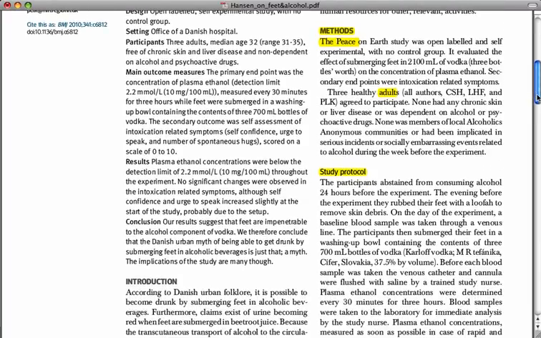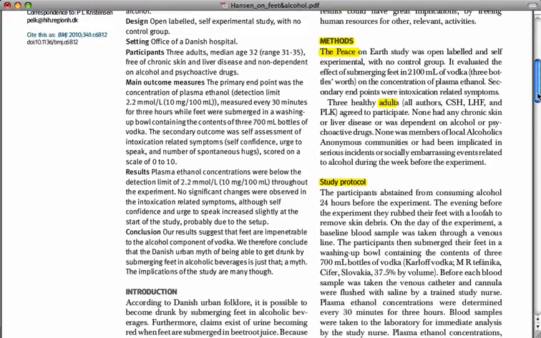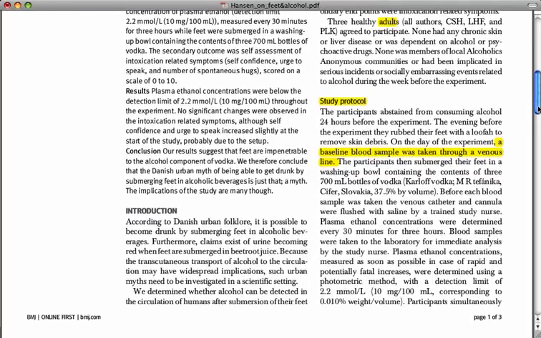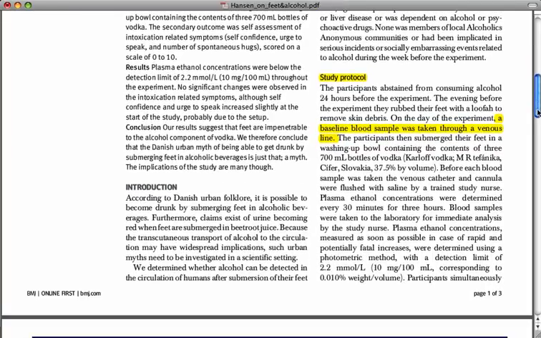Notice that actions are expressed in passive verbs, such as a baseline blood sample was taken through a venous line. As though the researchers themselves weren't even in the room at the time.